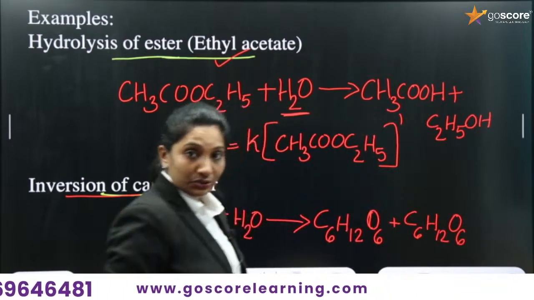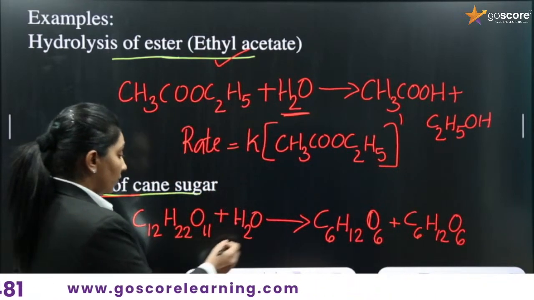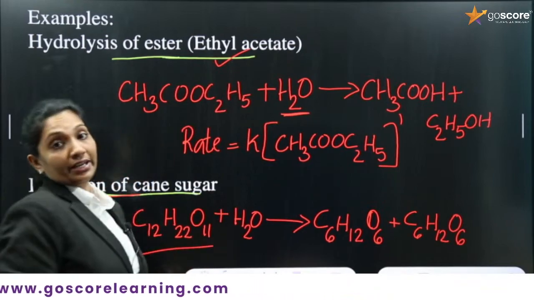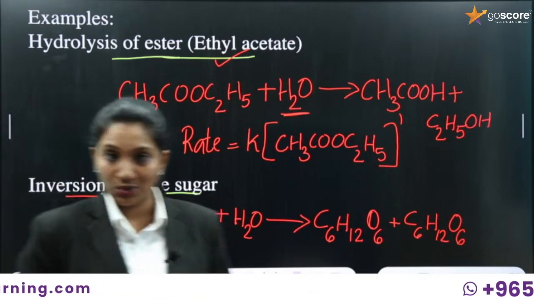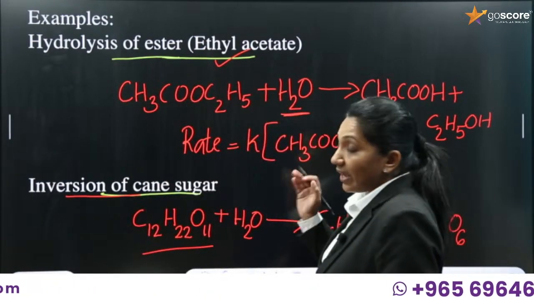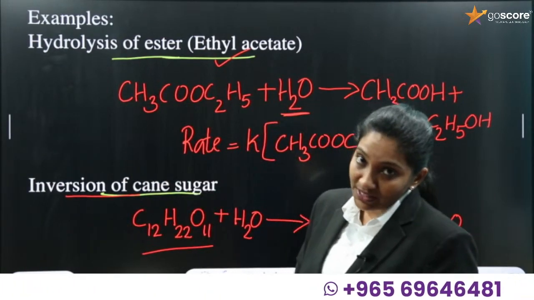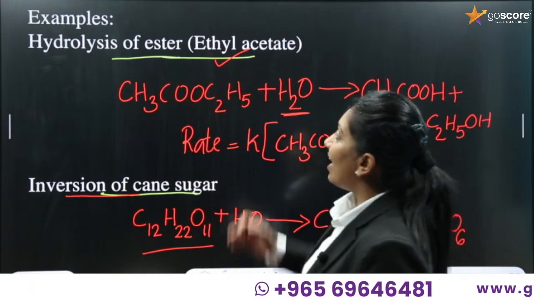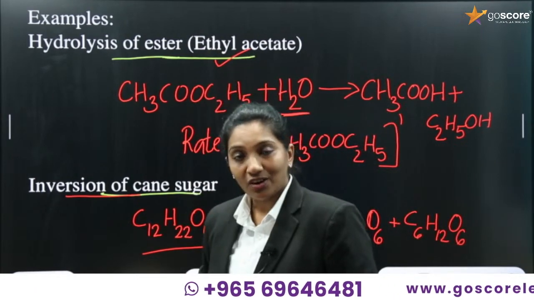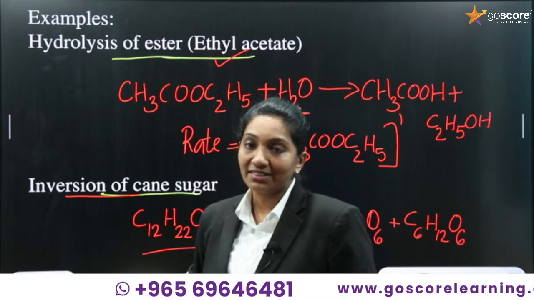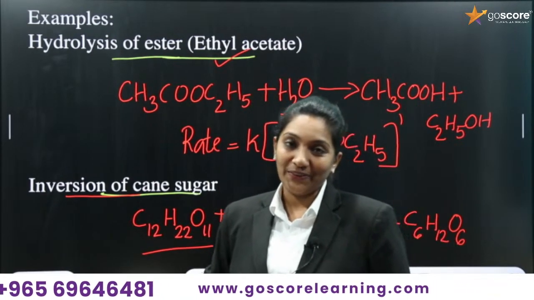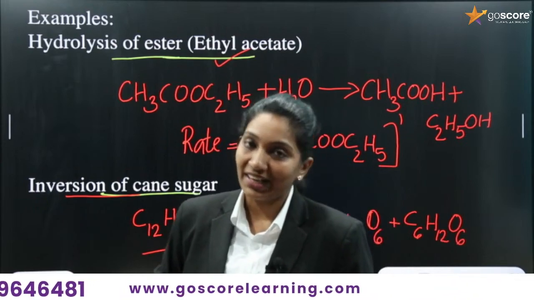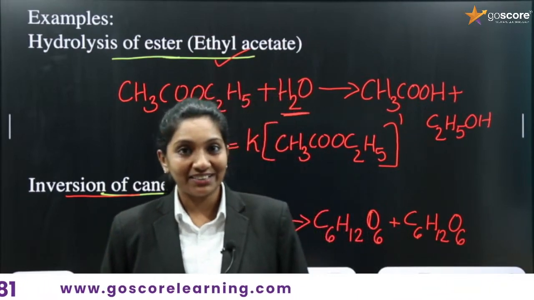Here also, when you take the rate law, it will be K into the concentration of cane sugar. So the two examples for pseudo first order reaction are hydrolysis of ester, or hydrolysis of ethyl acetate, and inversion of cane sugar. Okay, now the pseudo first order reaction is clear for you all, right?